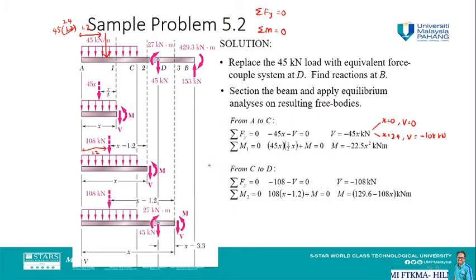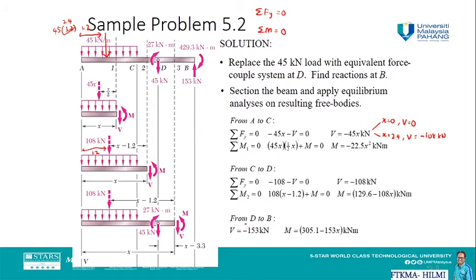And then we are going to proceed to the section from D until B, and we are going to have the load at point D, 45 kilonewton, and also the moment 27 kilonewton meter. So for this part, the shearing force would be minus 153 kilonewton.